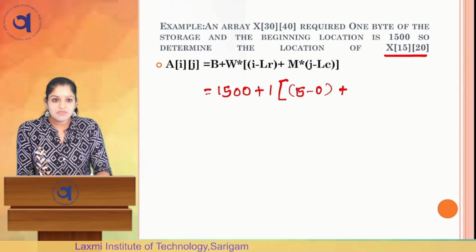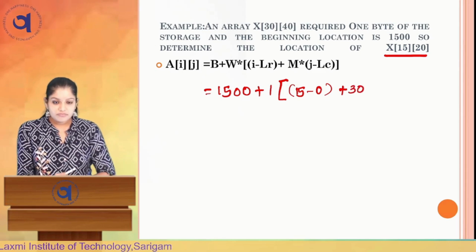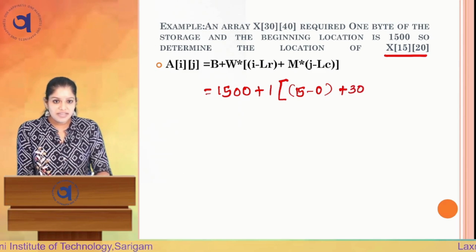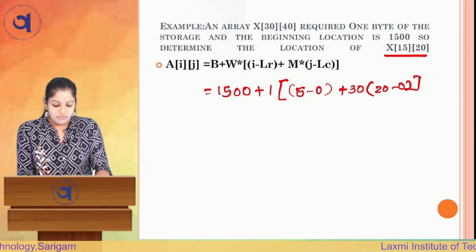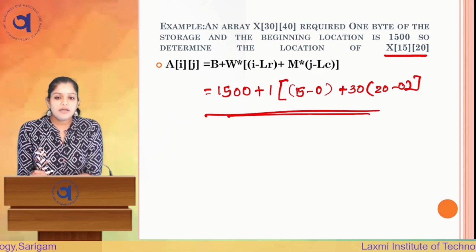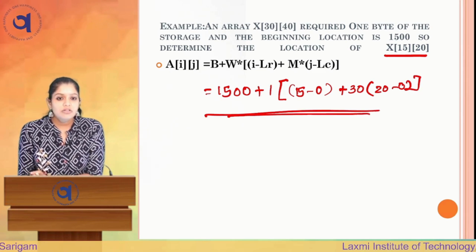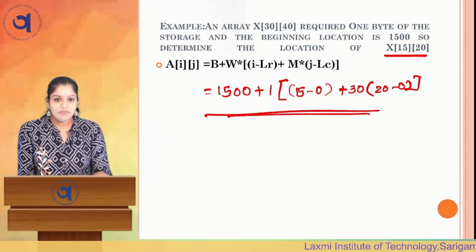What is my m? m is 30, because m is the number of rows. And j minus LC, where j is 20 minus 0. You can solve this example, and whatever answer you get is the particular memory location of that X[15][20].